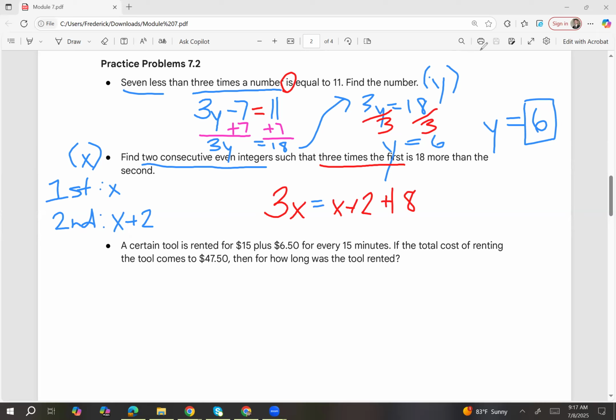So that second number in the sequence of evens is X plus 2, and then we're taking 18 more than that. So altogether, that makes our equation.